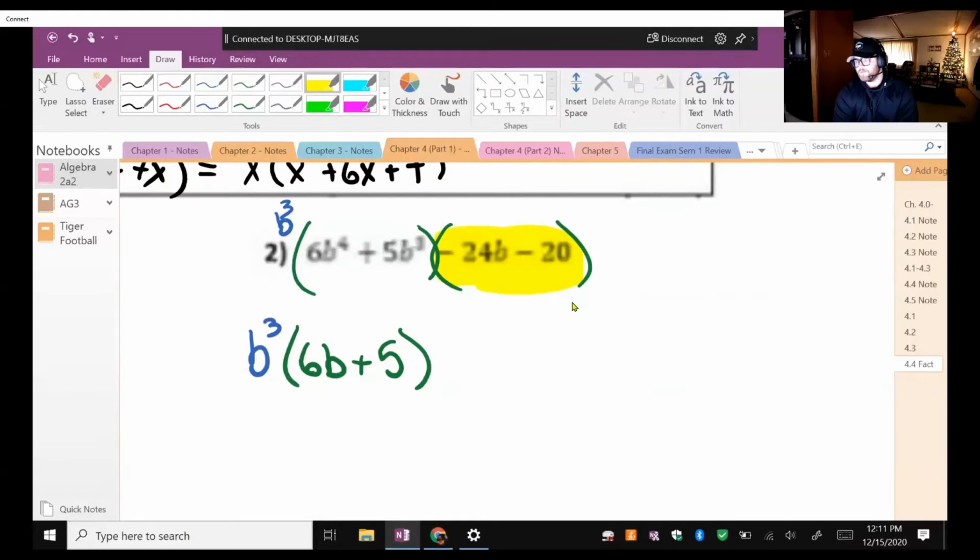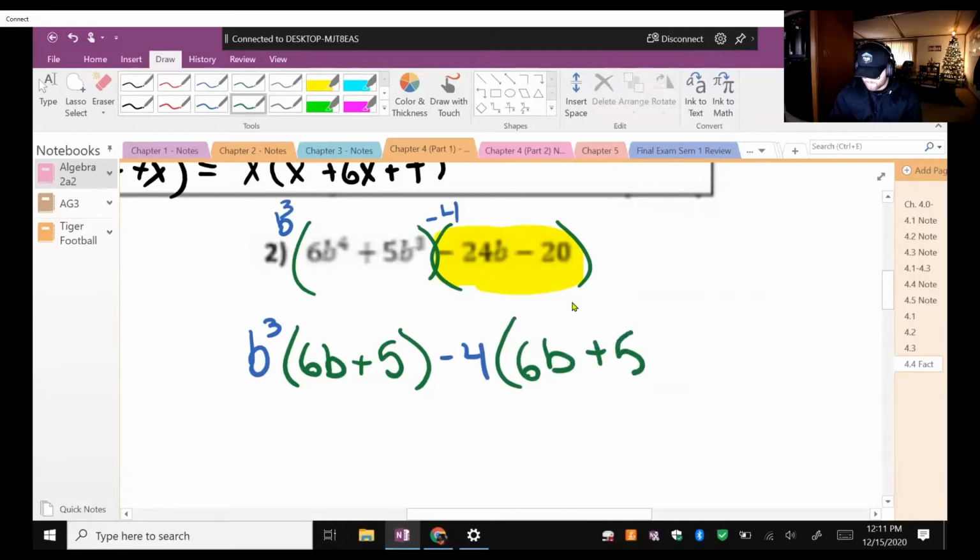You divide by what? 4, right? But here's the deal. If I take a positive 4 out, I'm going to get a negative 6b. So why don't we take a negative 4 out? Watch what happens. I'm going to take a negative 4 out. Okay, so negative 4. Then I'm left with a positive 6b plus 5. Okay, now we're good to go.